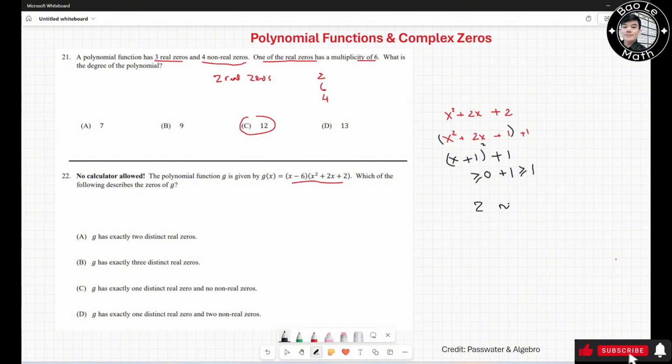So two non-real zeros. Alright, so this one you have 1 real zero, s equal to 6. So the answer is g has exactly one distinct real zero and two non-real zeros. So the answer is D.